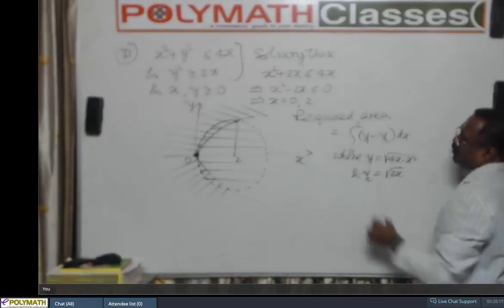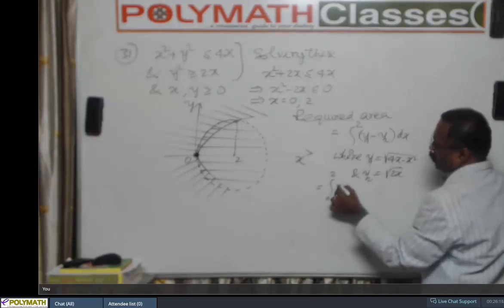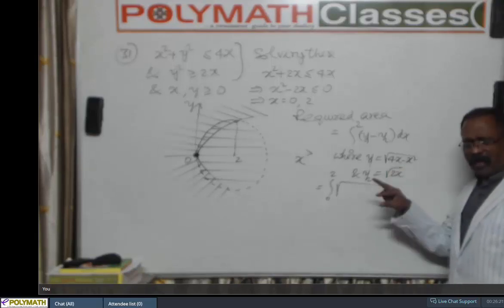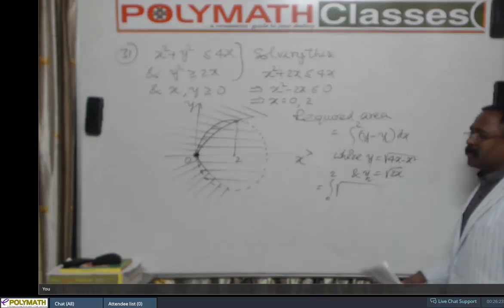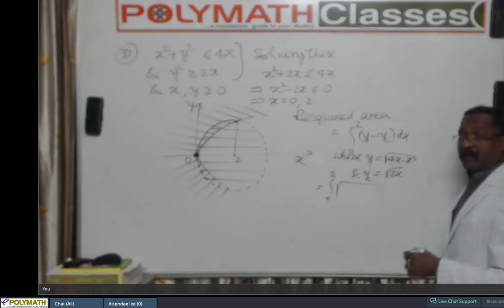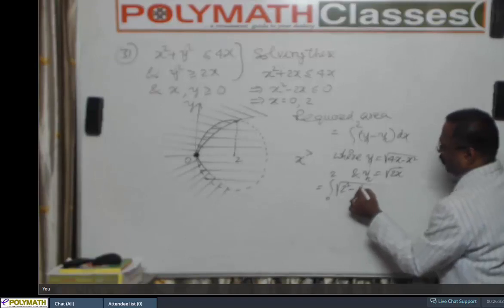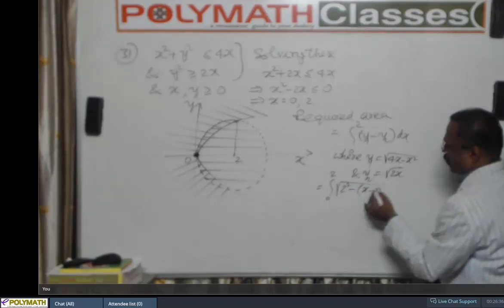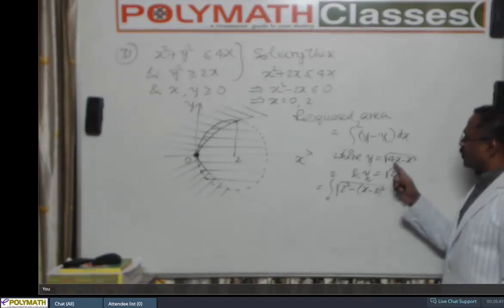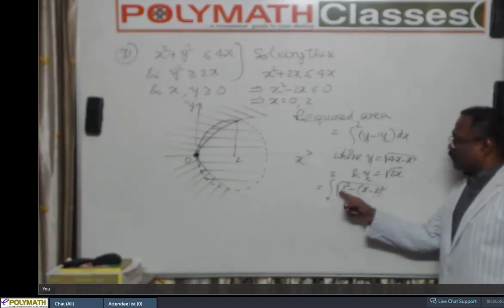So if you substitute this here, this is the integral from 0 to 2, and it is root over, you make it a perfect square to express it in the form of root over a² − x² or x² − a², something like that. So let me express it in the standard form. After converting it into a perfect square, you'll be getting 2² − (x − 2)². Here it is minus 4x plus 4x, and it is −x² plus 4, minus 4 plus 4 getting cancelled.